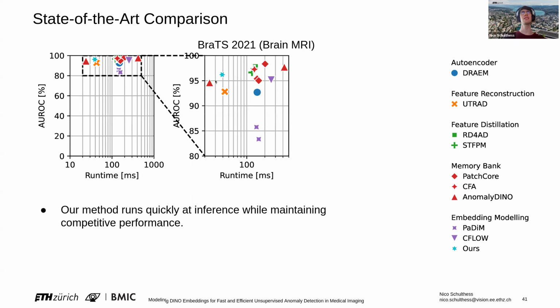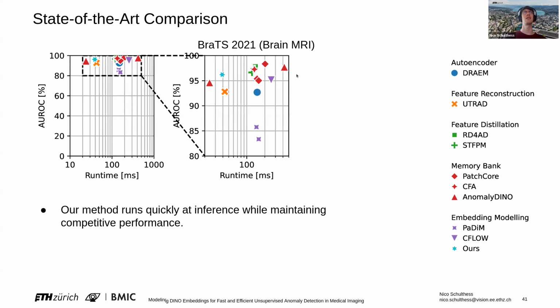And as you can see, our method here is the cyan star. So we perform better in terms of AUROC compared to the 2 other methods that are at a similar level of runtime. And there is a slight performance gap to some of the methods which require much higher runtime.